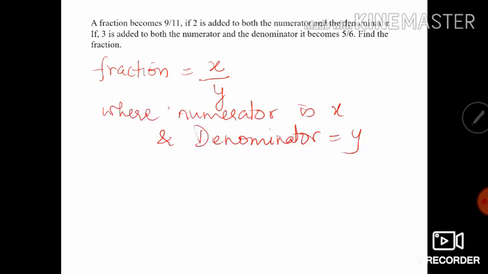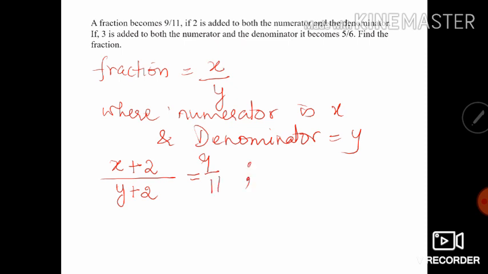Look at the first part of the problem. If 2 is added to both numerator and denominator, so the numerator becomes X plus 2 and the denominator becomes Y plus 2. Then our fraction will change to 9 on 11.